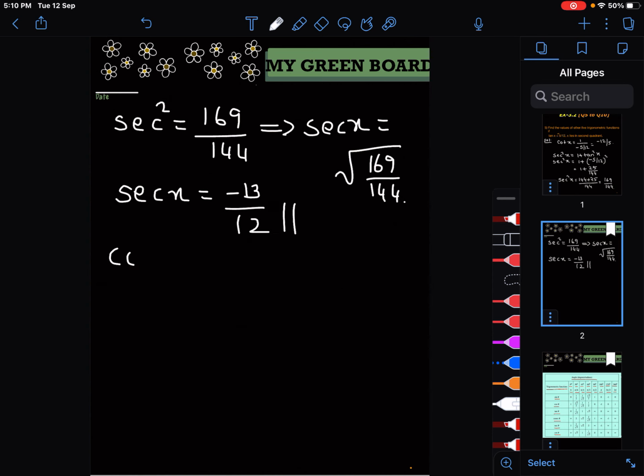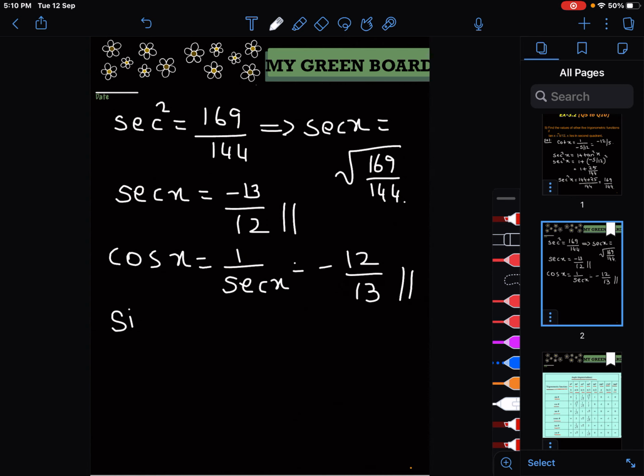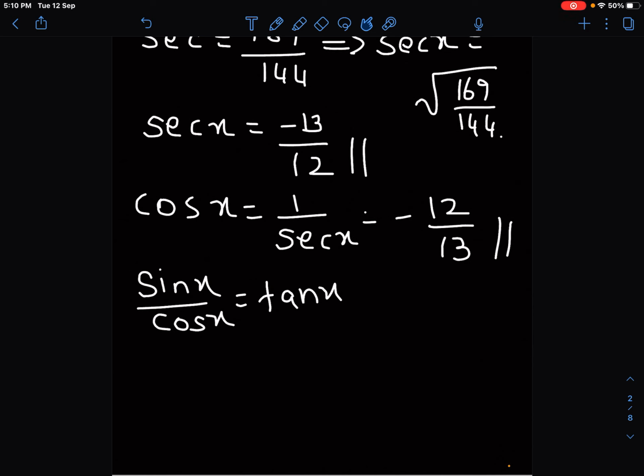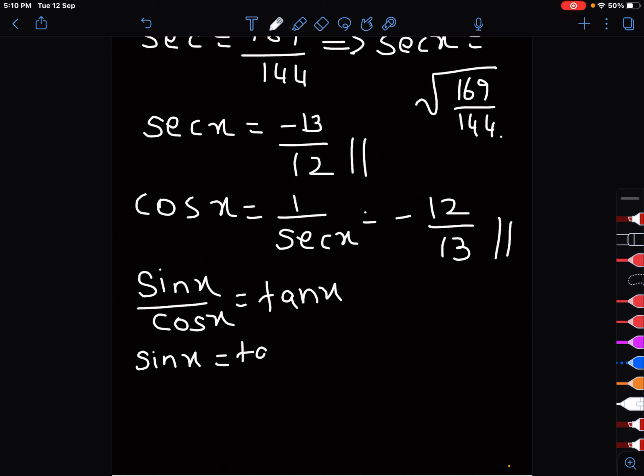Now cos x is 1 by secant x, just the reciprocal of this, so you got the cos x also. To get sin x, we use sin x by cos x equal to tan x, which implies sin x will become tan x into cos x.